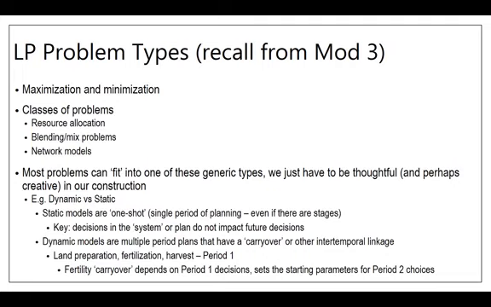In that way, all the decisions in the activity of period one will set a new set of starting values, or initial conditions, for decisions in period two. If the world ends, then fertility at the end of period one doesn't matter, because period two is not part of this. So something like a maintenance condition would let us do a static model, but a true dynamic model would say, okay, let's put together a crop planting program for 5 years.